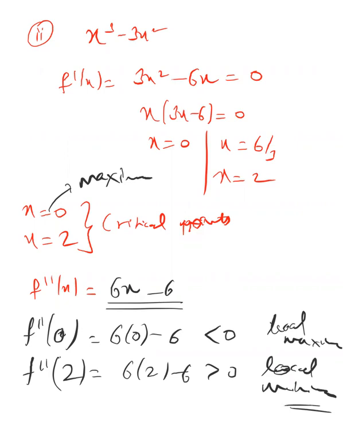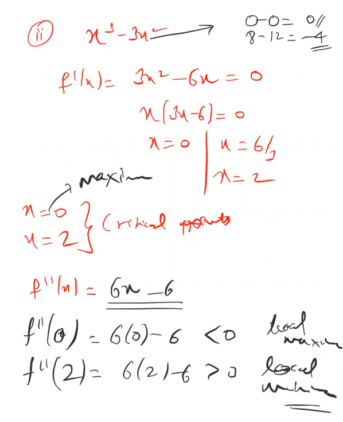And what will be the local maximum value, local minimum value? That also you can find out by putting in this. If you put 0, this is 0. This is the local minimum value. If you put 2, the local maximum is 0. Local minimum is -4. Values.